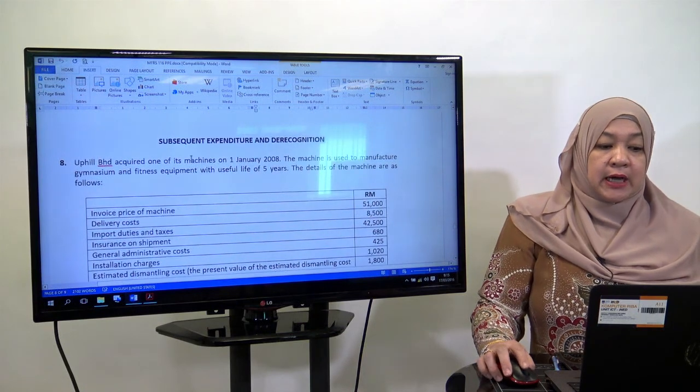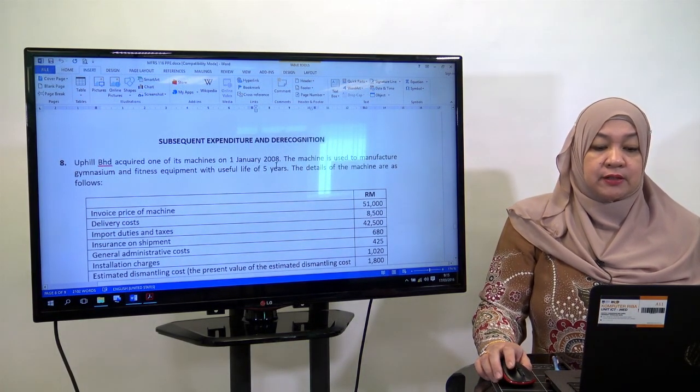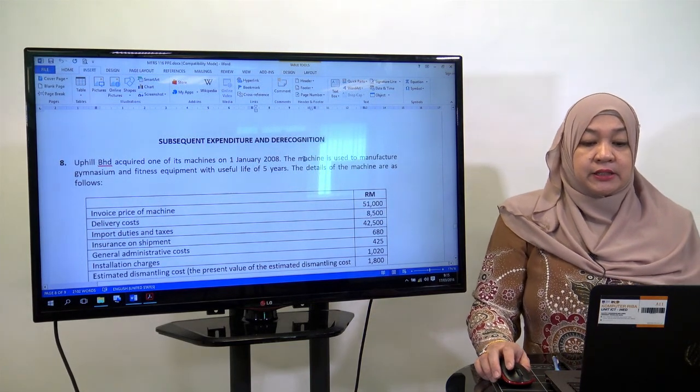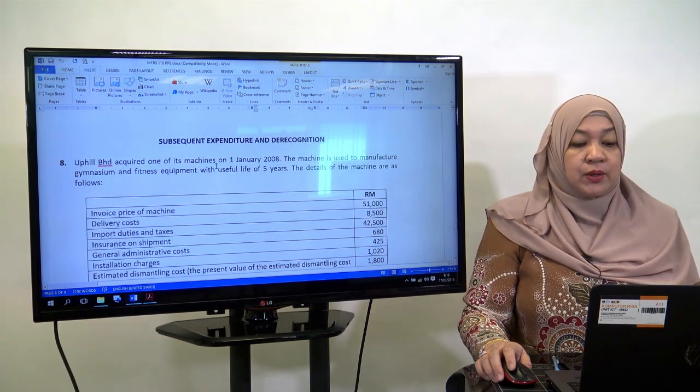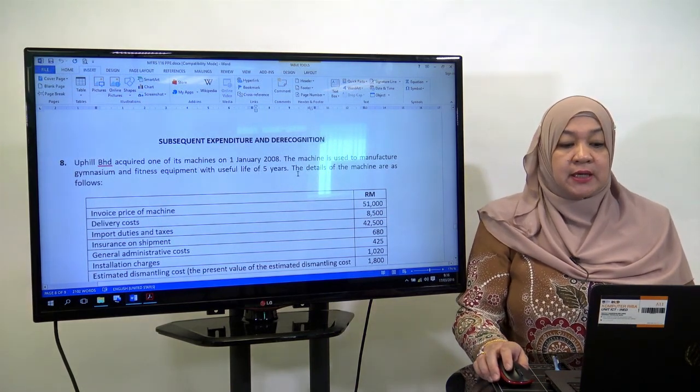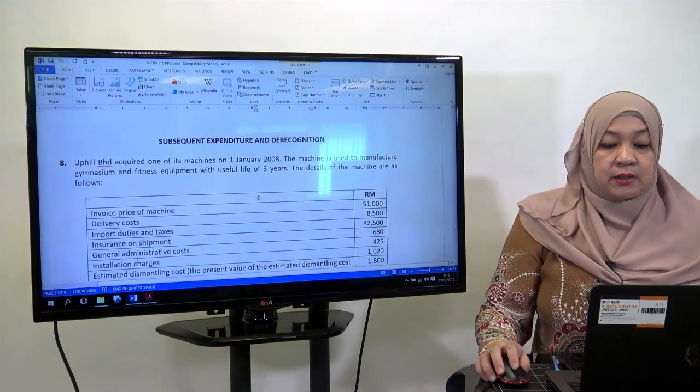Okay. Uphill Berhad acquired one of its machines on 1st January 2008. The machine is used to manufacture gymnasium and fitness equipment with a useful life of 5 years. The details of the machine are as follows, right?